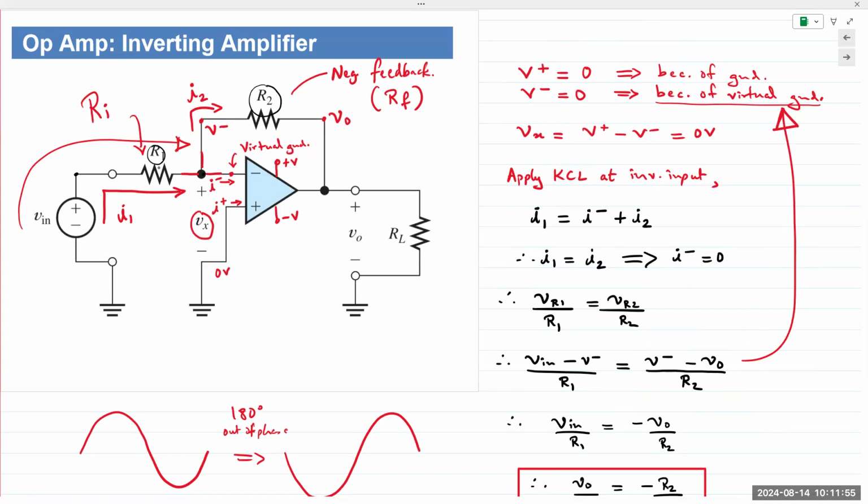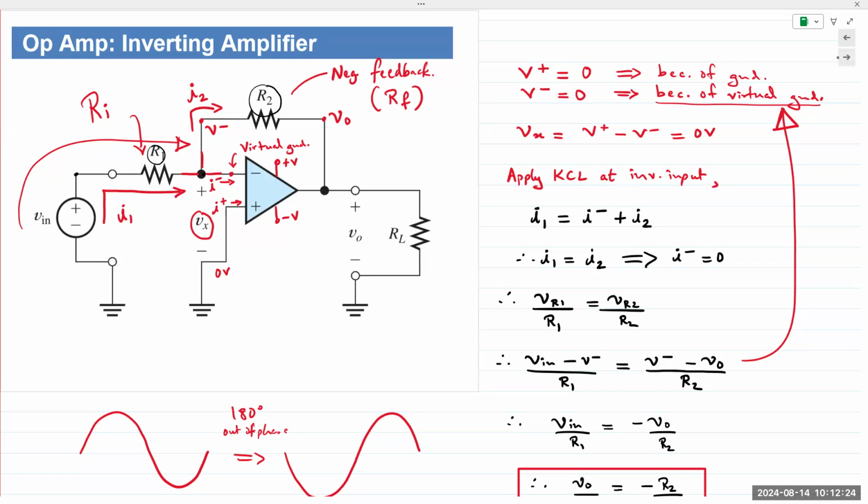The first one is that the input impedance of the inverting amplifier is simply the resistance R1. An op amp by itself has infinite or very high input impedance. But when you create a circuit using an op amp, the input impedance changes depending on the design of your circuit. So for an inverting amplifier, it is simply R1.